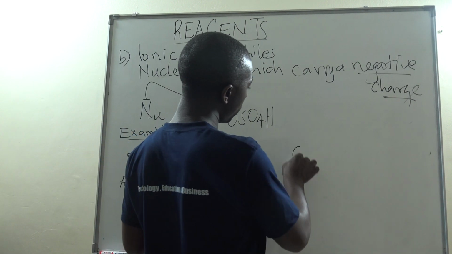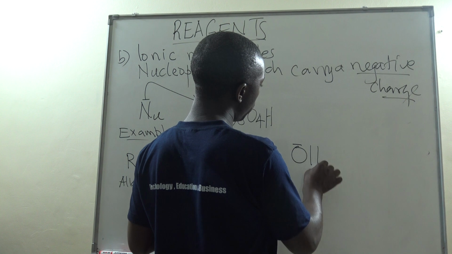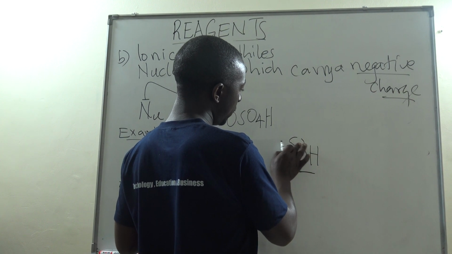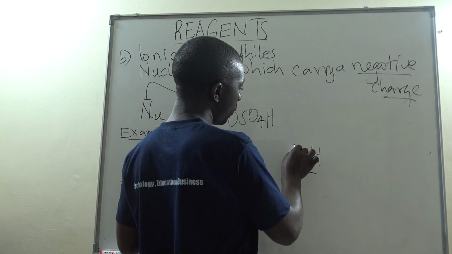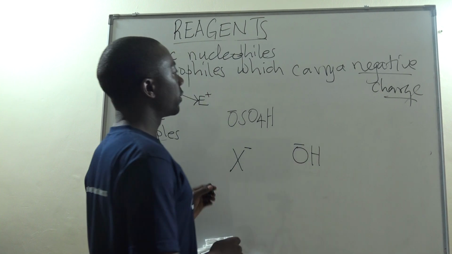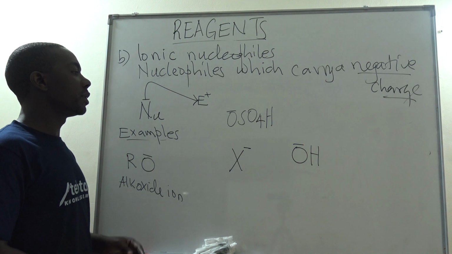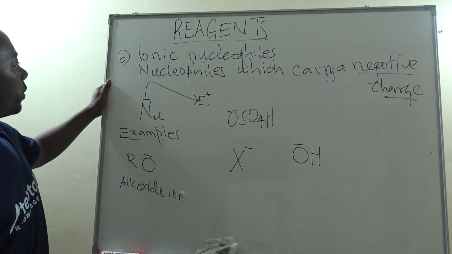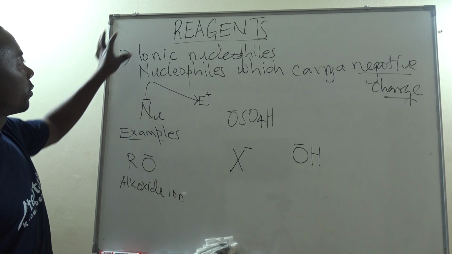Then we can also have a hydroxyl group. This hydroxyl has this negative charge, and it is this negative charge responsible for donating electrons to electron deficient species. And so many others. We can stop here and then go to another type of reagents.